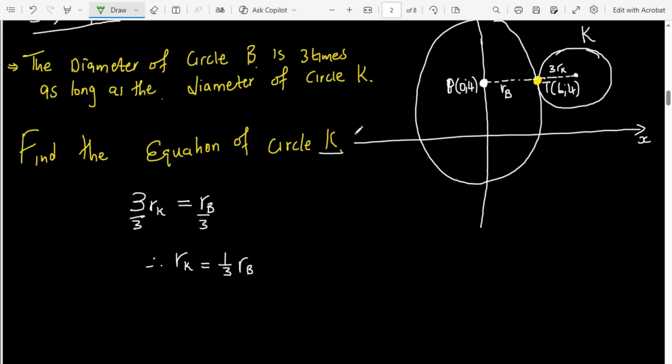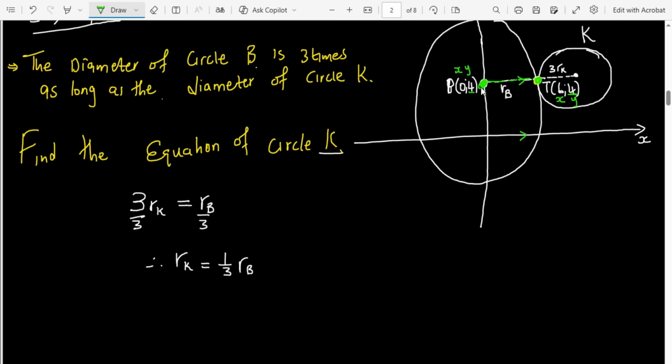Let me explain this. If this is the center and this is another point on the circumference, look at this. This is the X, this is the Y coordinate. Both of them have the same Y coordinate. This tells you that this is a horizontal line, and this line is parallel to that.